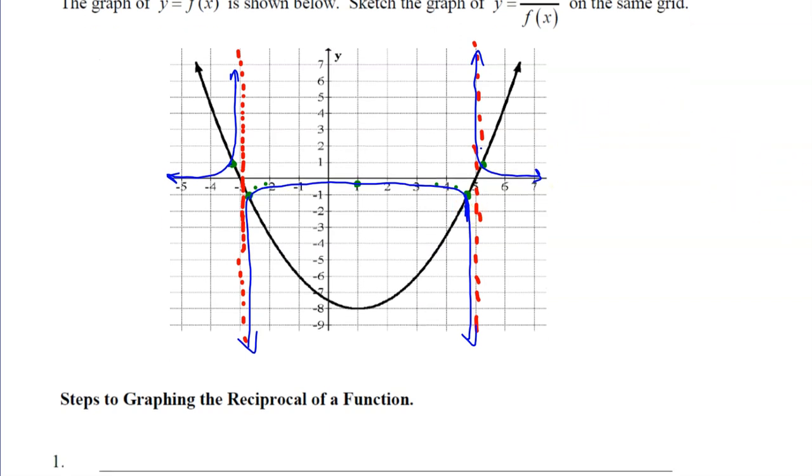So what were those steps? Hang on, switch pen. Step 1 was to draw vertical asymptotes through the zeros, where the original function has a y value of 0, so through the zeros of the original function, y equals f of x.